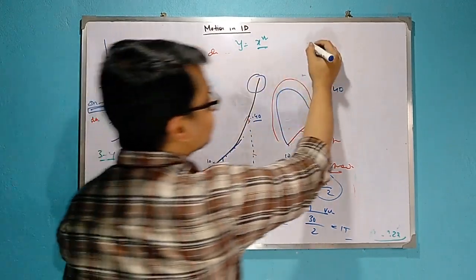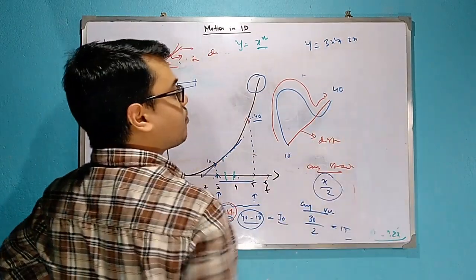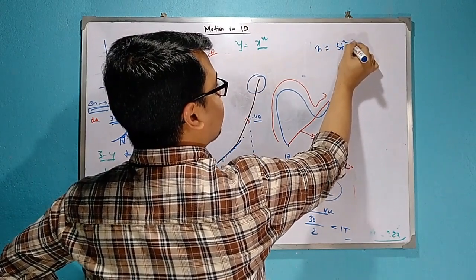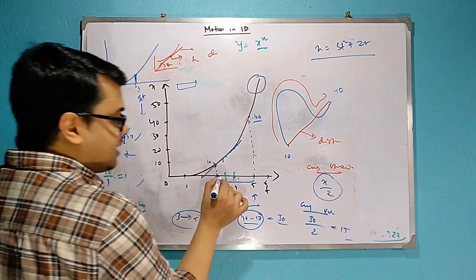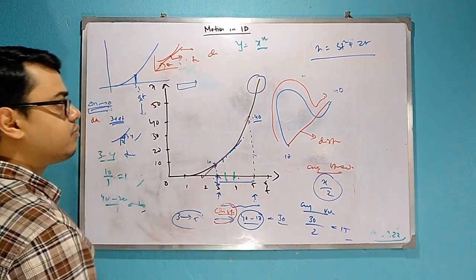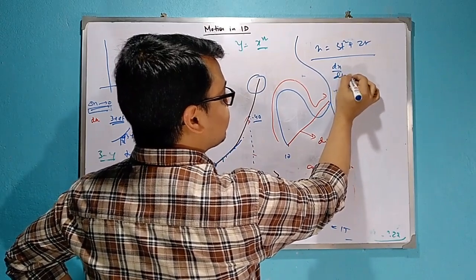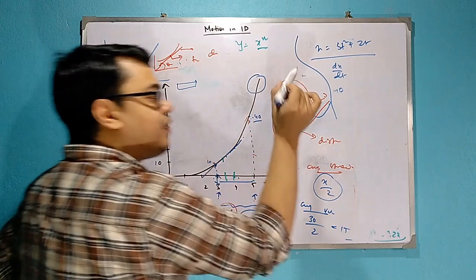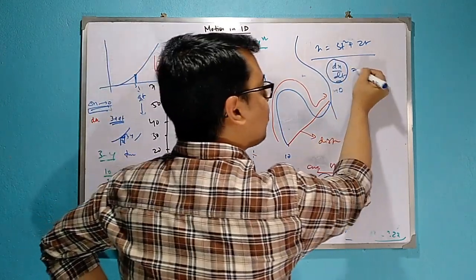Suppose this graph is of the form 3x square plus 2x, so x is equal to 3t square plus 2t. To determine the instantaneous velocity at t equal to 3, what will you require? dx by dt, the rate of change of x in a very small time. What will it be?